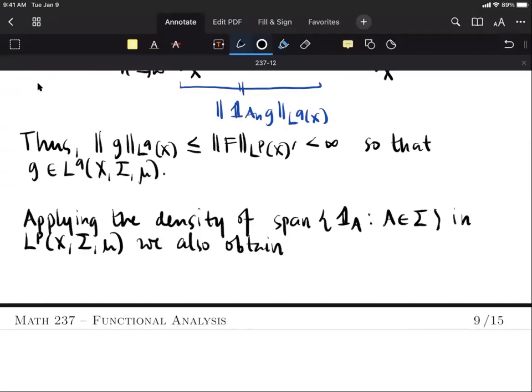You can now use f to be in LP, since we know now that G is in LQ. And the right hand side again is meaningful due to Holder's inequality. This is true for all f in LP.